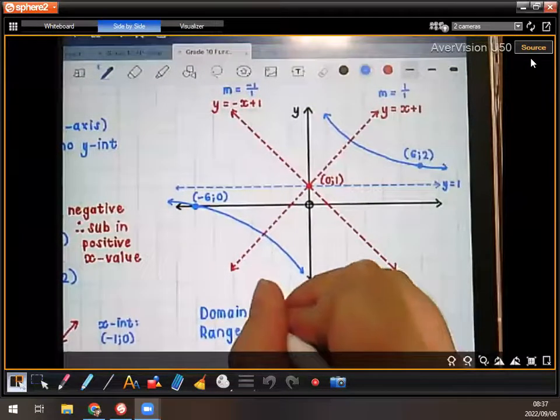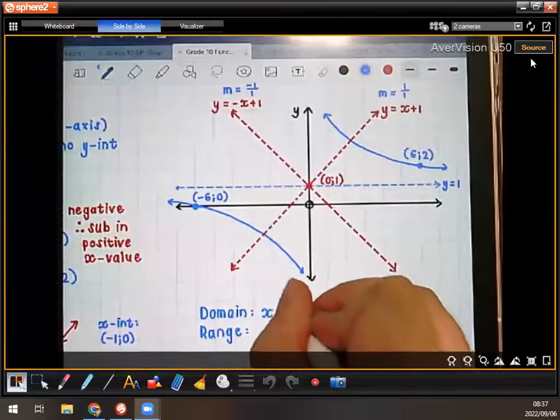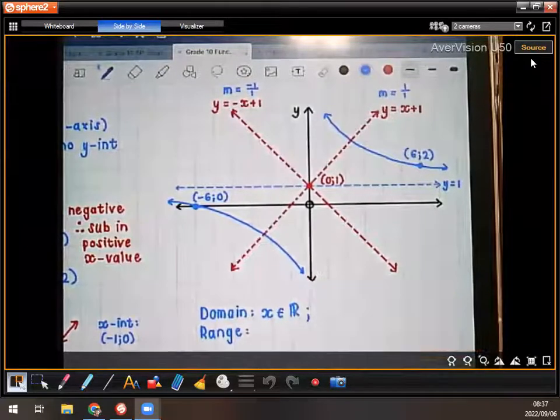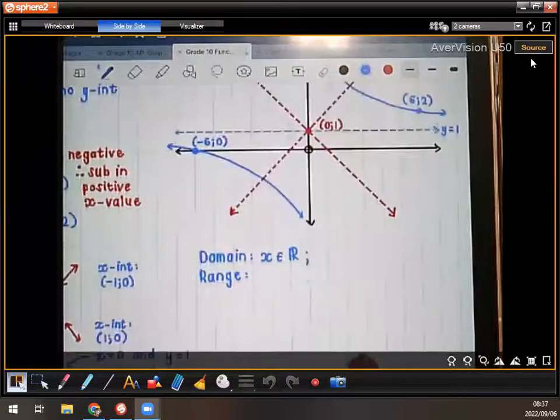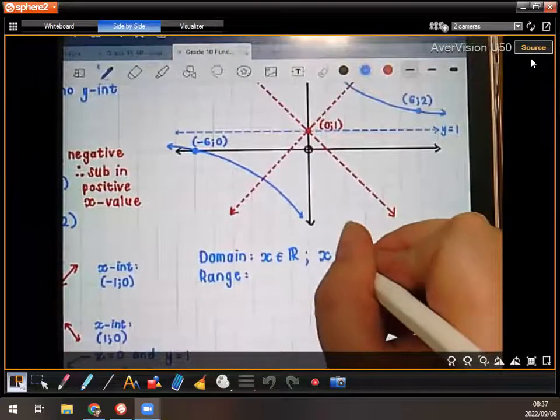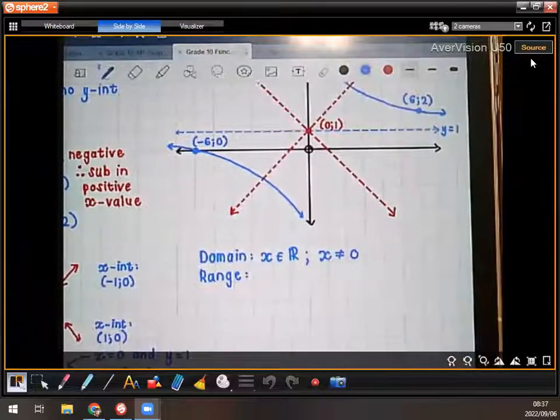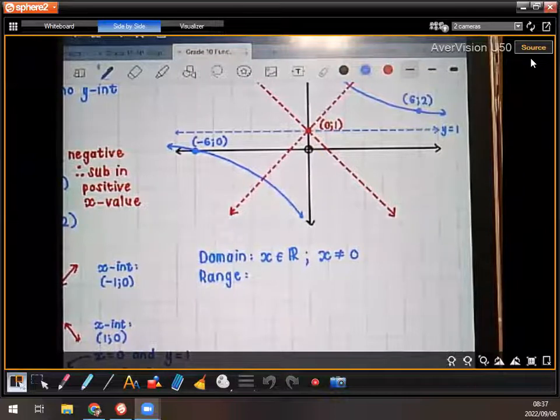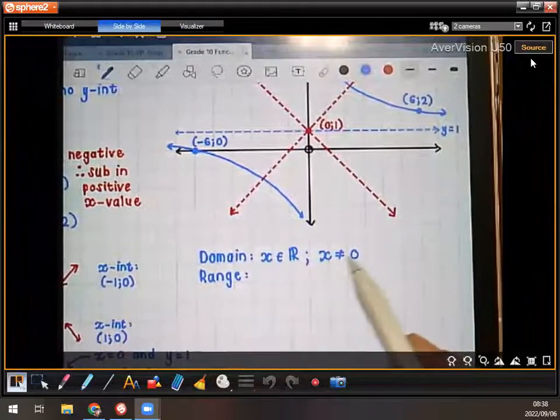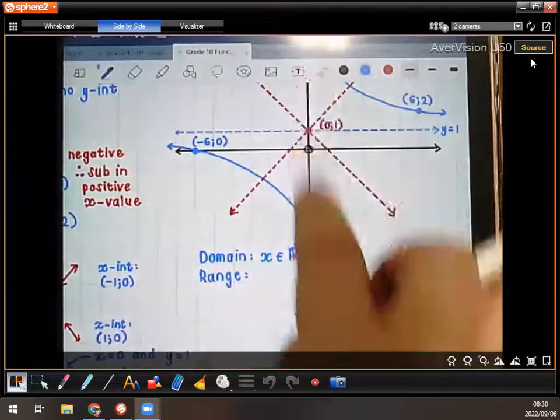So the quickest way of writing that is to say that x is an element of real numbers, but then use a semicolon, x cannot be equal to 0. Okay, so x is everywhere except for at that asymptote at x equals 0. So you have to say x cannot be equal to 0, right? You can't have a point there.